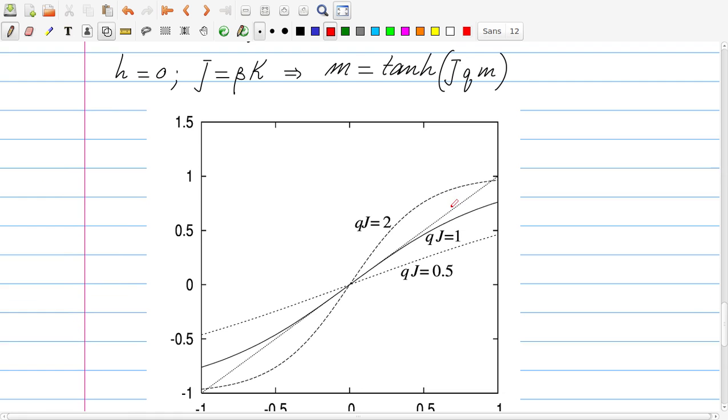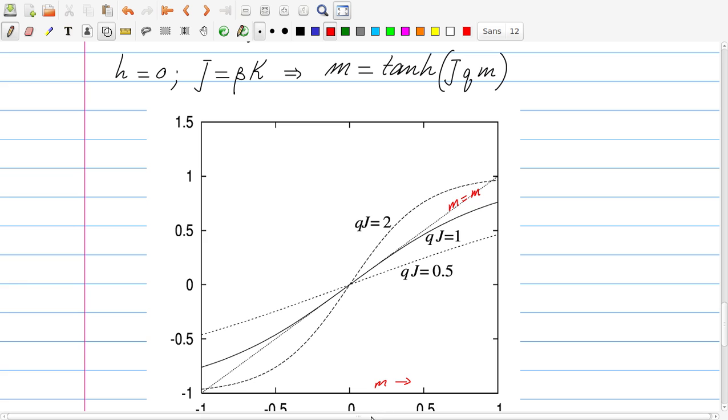So let us see how the solution proceeds in a graphical approach. The dotted line is the line m equals m. So here we have m. And then we see for different values of qJ the hyperbolic tangent. And we see that two things can happen.